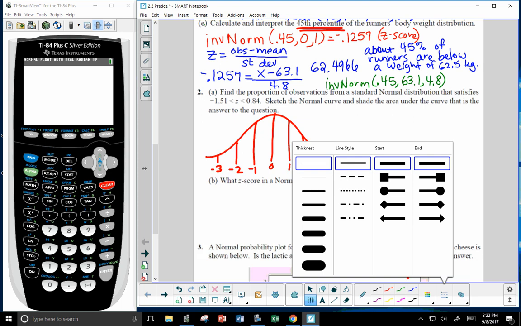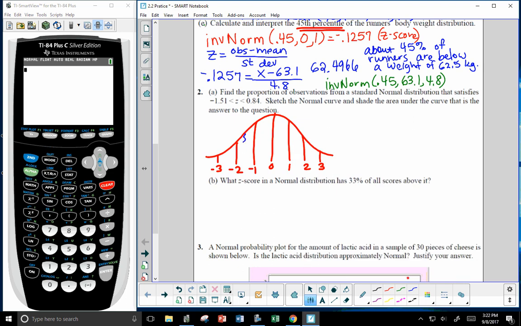So second VARS, option 2, negative 1.51 for our lower bound, and then 0.84 for our upper bound, 0 for mean, 1 for standard deviation. Run it, and that's 0.7340. So what that is saying is that this area that we shaded is about 73.4%. So you just want to look at it and make sure that makes sense.